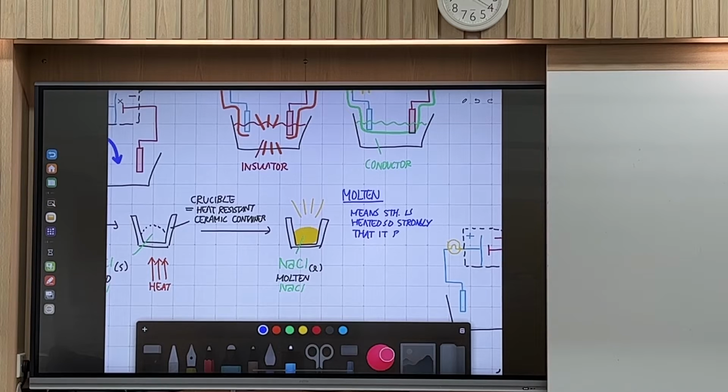It should be noted that you don't use the word molten to describe water. Why not? Because when something is already in the liquid state at room temperature, even without you heating it, the word liquid would do. But when something only exists as a liquid when you heat it, and it will solidify when you remove the heat, we use the word molten to describe it.